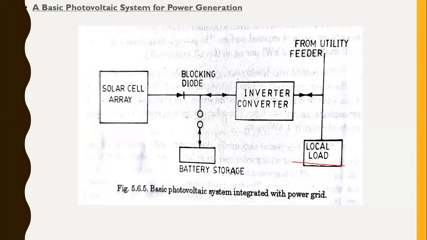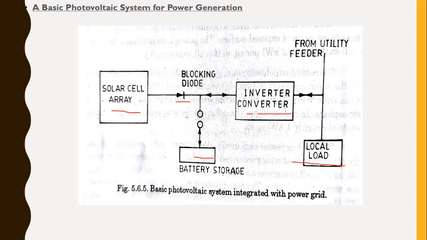In this we have a solar cell array, battery storage, inverter or converter, and a blocking diode. So what are these? We will explain now. First one is the solar cell array, or solar array simply.